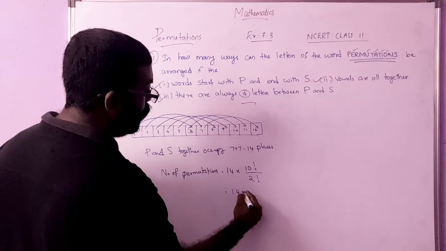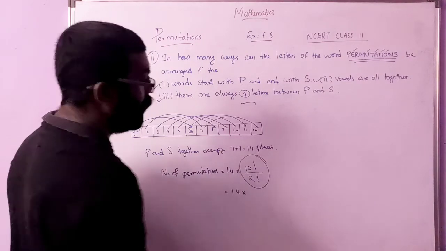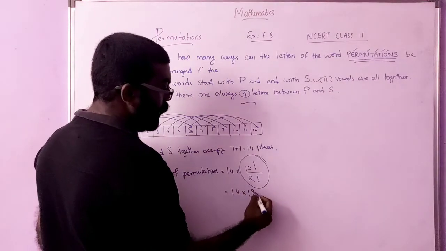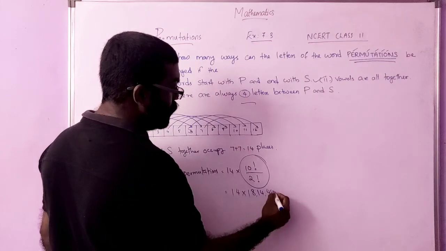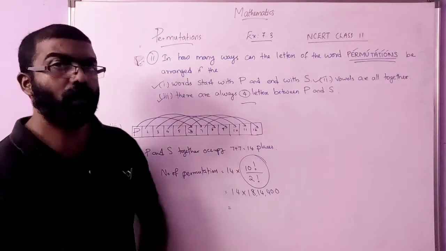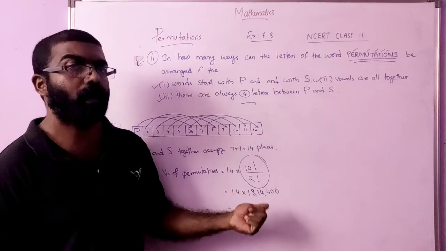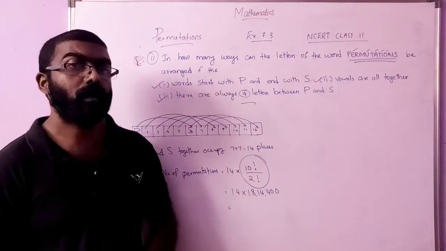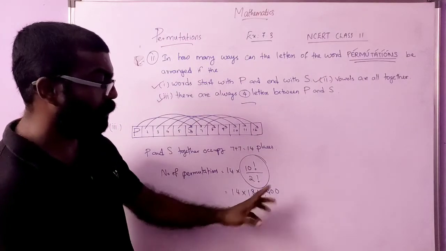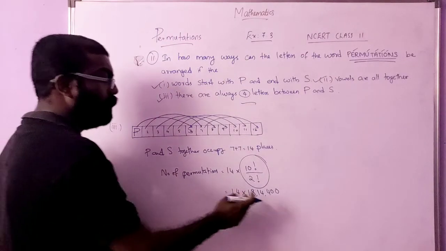So 14 into this value we have already found in the first part, and what is it? 18,14,400. The first part, the answer is 10 factorial by 2 factorial, and we have already found the value, so no need to simplify this one. We can directly put the value 18,14,400. Now we can multiply this by 14.